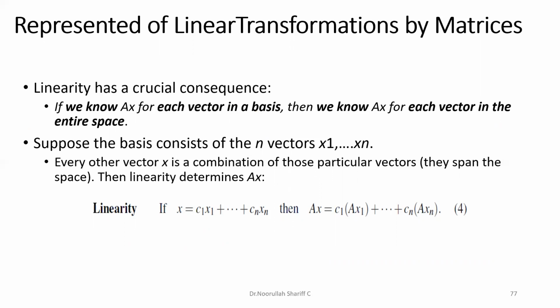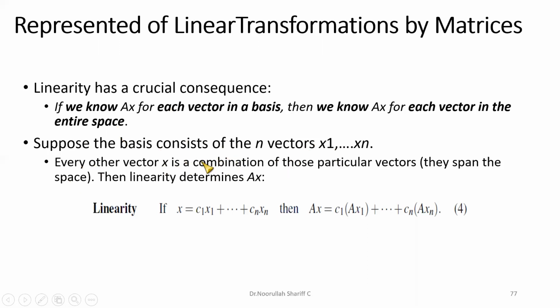So a minimal set of independent vectors and a maximal set of vectors which span a space will correspond to the basis. Suppose the basis consists of n vectors x1 to xn, then every other vector x can be represented as a linear combination of these vectors because they span the space.